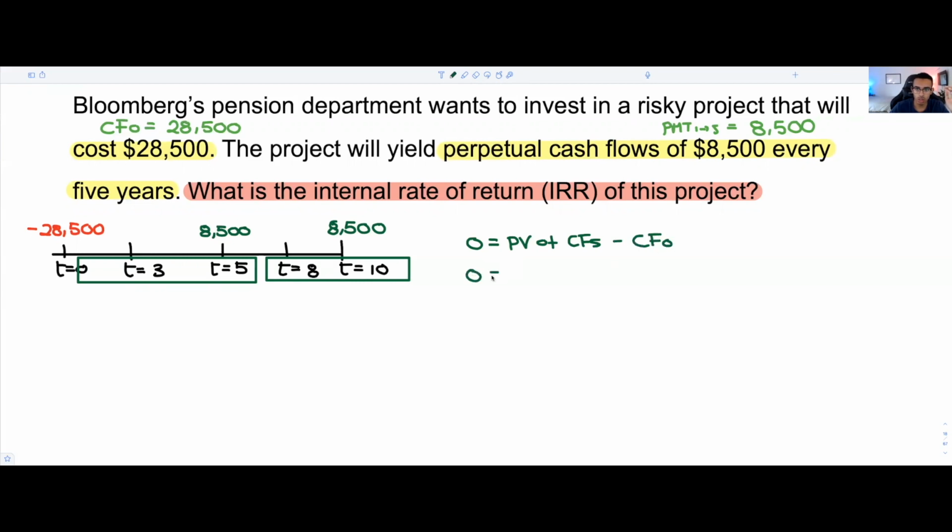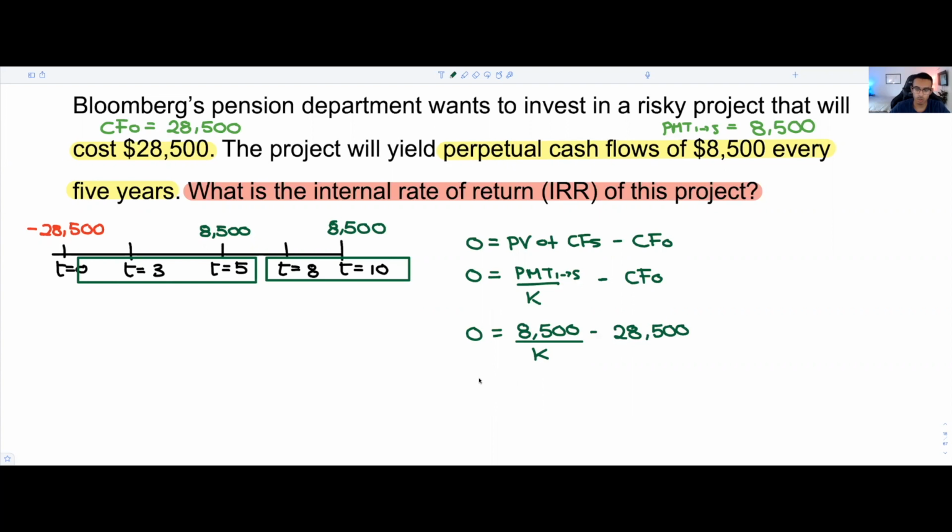You know that 0 is equal to essentially payment over K. You know that payment will last years. You know that your CF0 remains such that you're going to have 0 is equal to 8,500 over that given K that we don't know just yet. And like that, you're going to have your CF0 that's equal to 28,500.